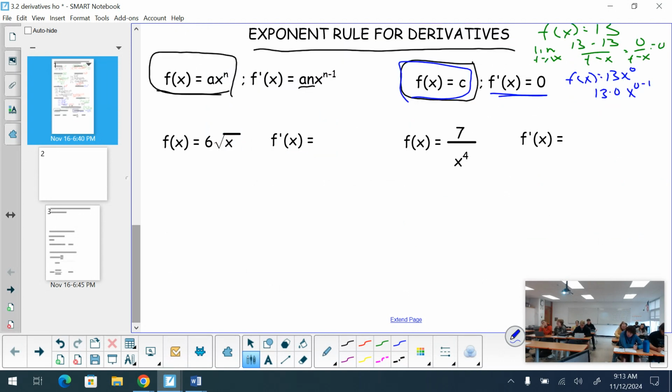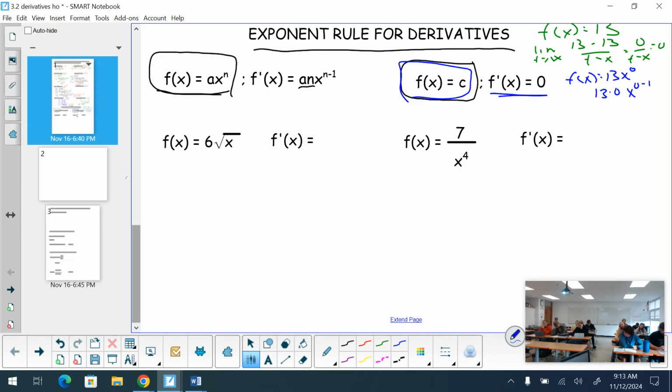Well, what happens if I have 6 square root of x? I want to find the derivative. What we had up till now is the limit as t is approaching x of square root of t minus square root of x over t minus x, and we had to factor our bottom down to square root of t plus square root of x times square root of t minus square root of x, and do some canceling. Now, using the exponent rule, we're going to be taxing our algebraic skills.